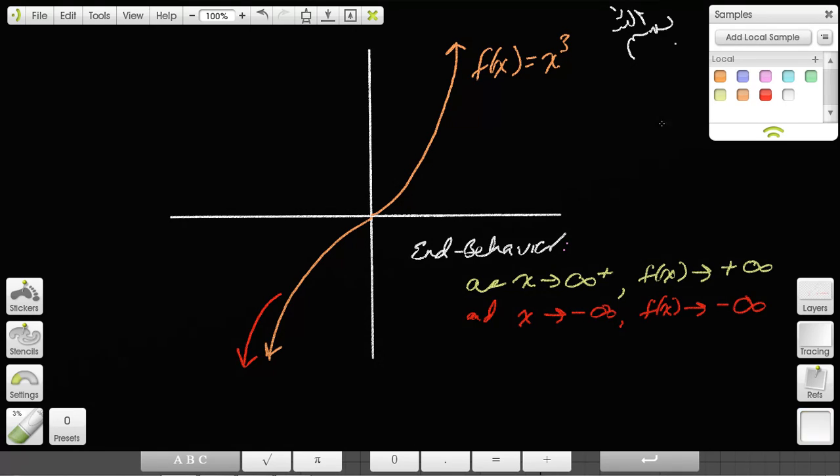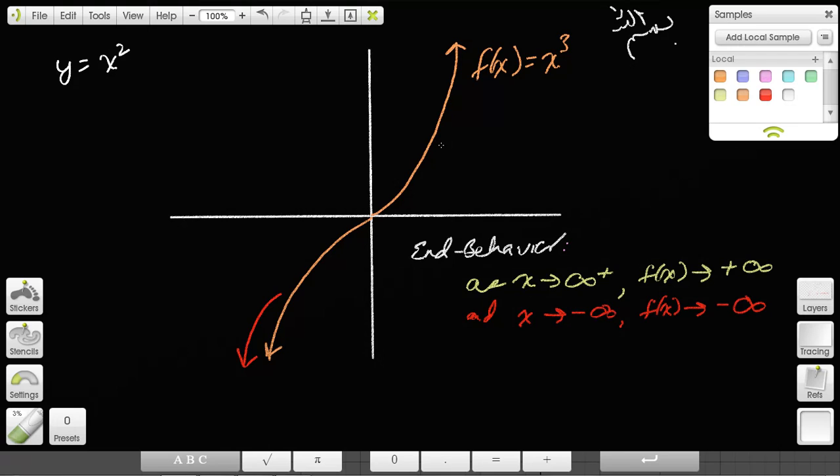See, that's different from the other function. For y equals x squared, as x went to negative infinity, f of x went to positive infinity. Got it? Now, these are very important because all polynomial functions are going to behave like this.